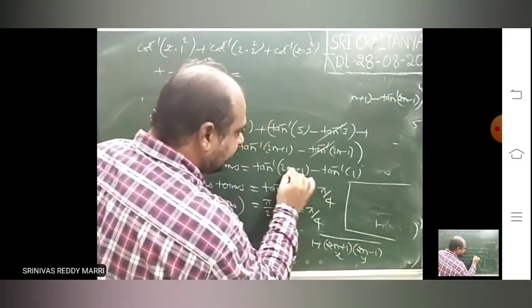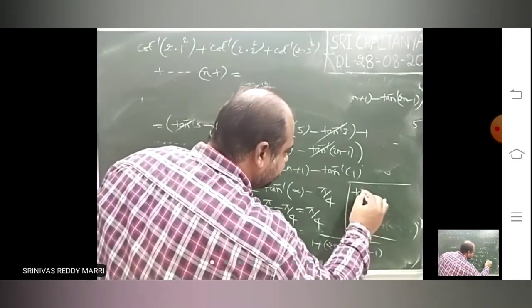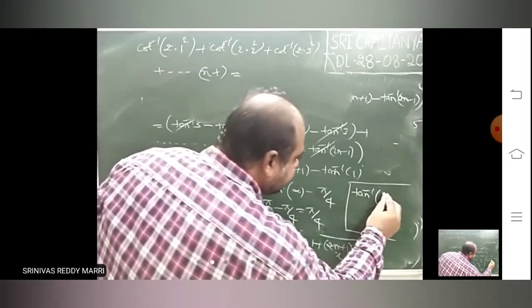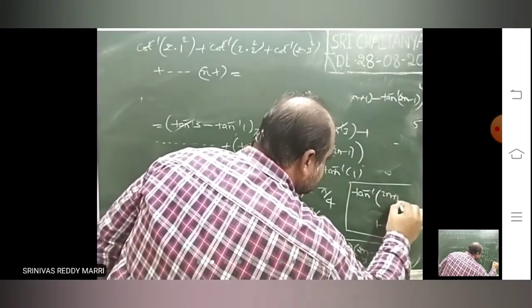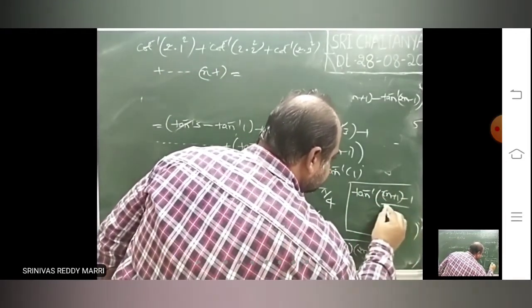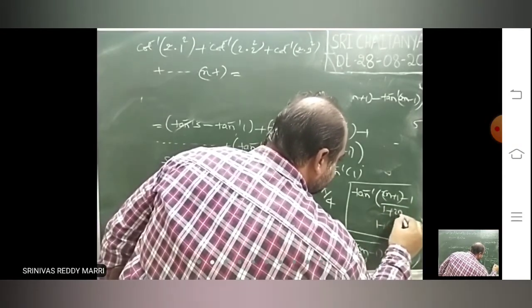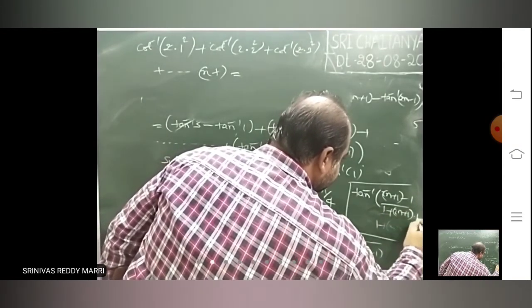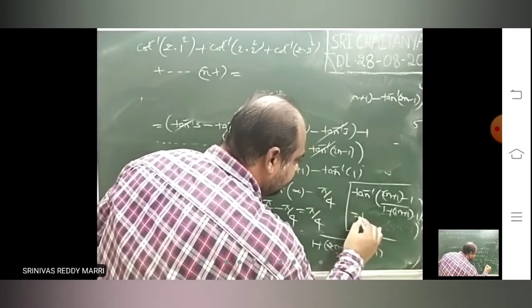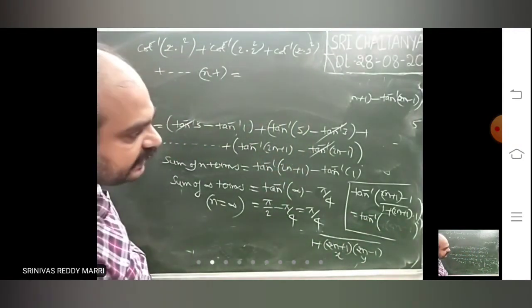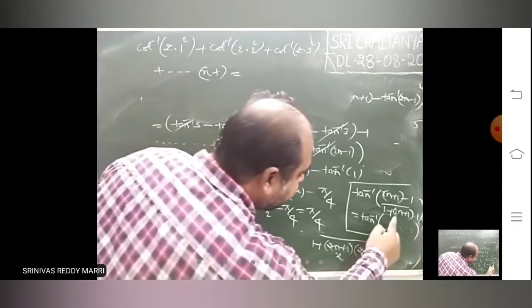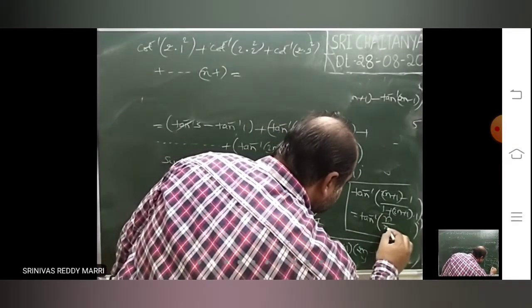The shortcut is nothing but tan inverse x minus tan inverse y. The shortcut you have to remember is (2n plus 1 minus 1) divided by (1 plus 2n plus 1 into 1). The formula is tan inverse 2n divided by 2n plus 2.